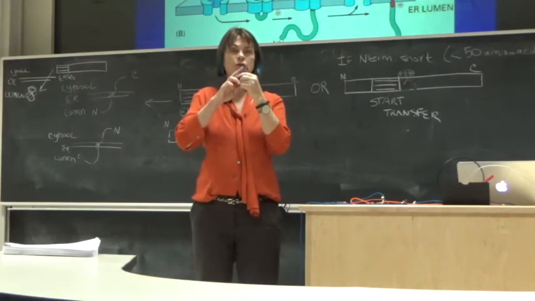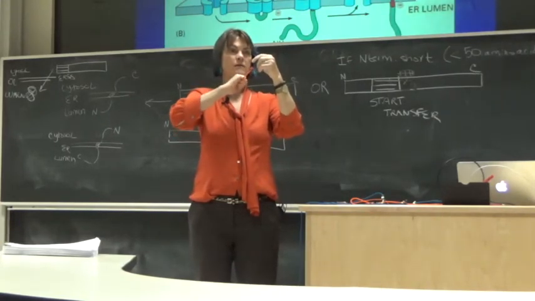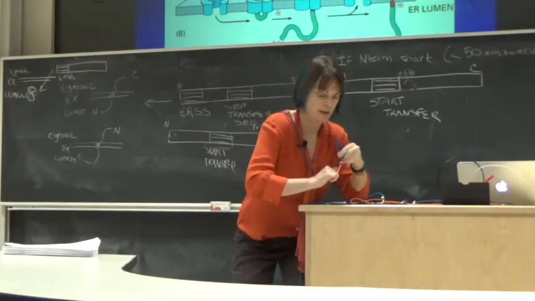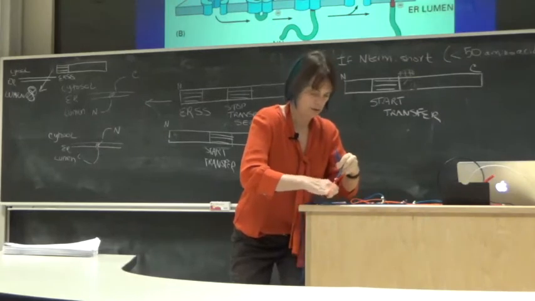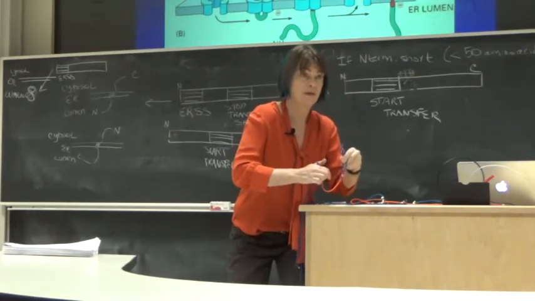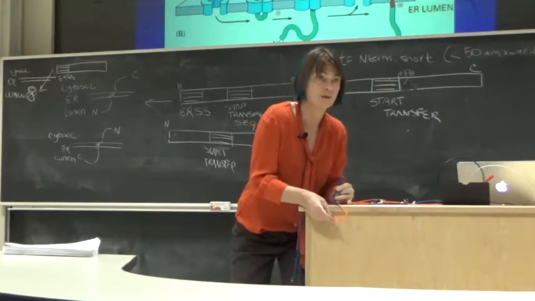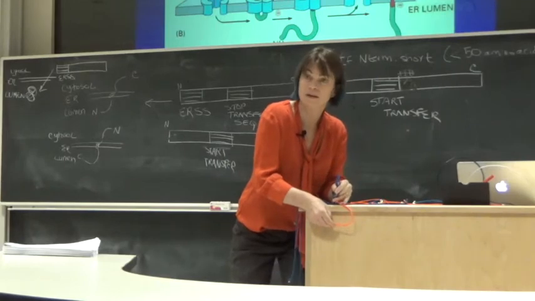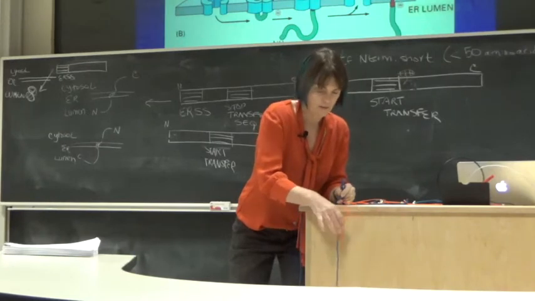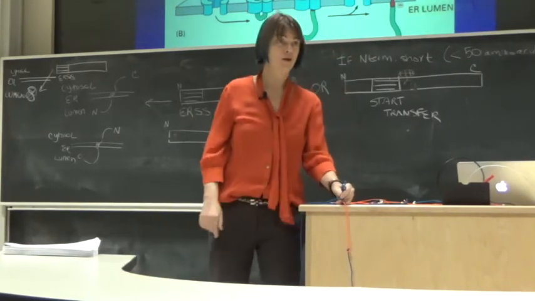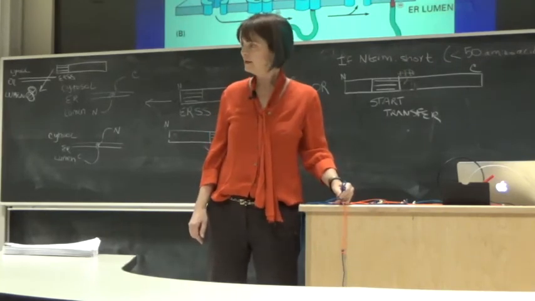So when the start transfer sequence emerges, binds SRP and goes to the SRP receptor and goes to the translocon, even if the positive charges were on the C terminal side right here, this could not be forced through the translocon. So this is forced to go like this, regardless. If the N terminus is relatively large and folded, it'll only go like this, and we'll end up with the N terminus in the cytosol and the C terminus in the lumen of the ER. Is that clear?